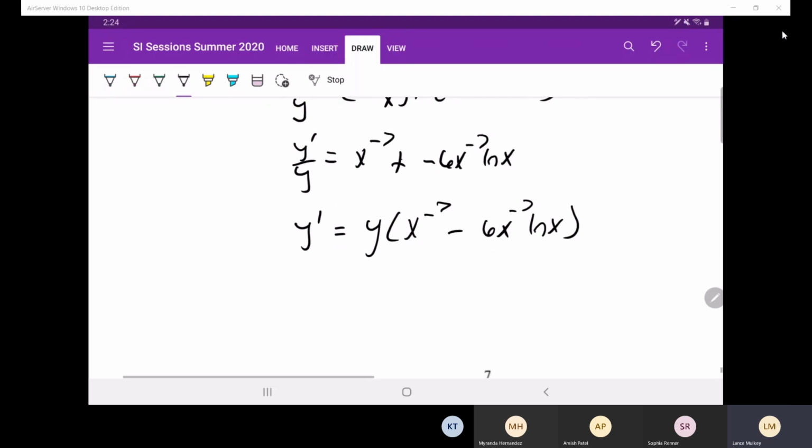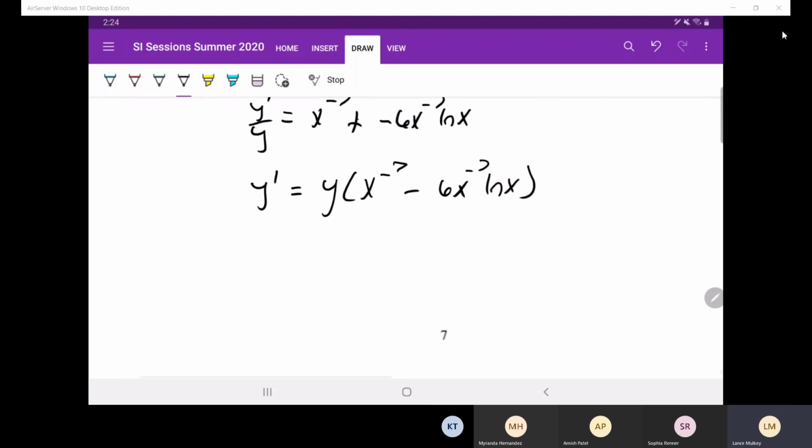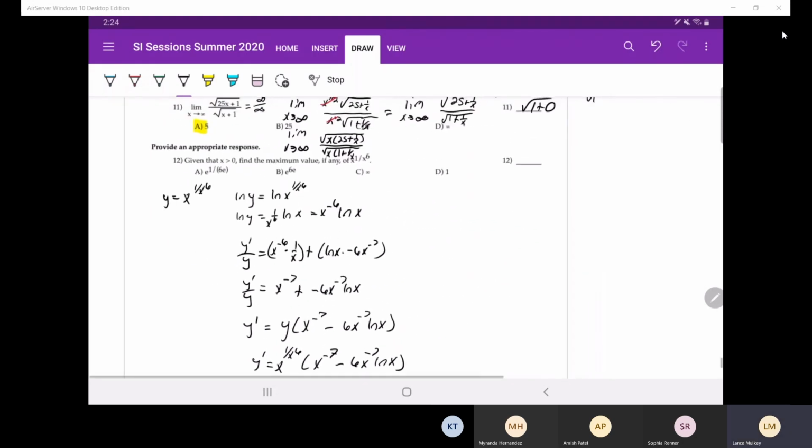Oh, wow. So was this problem on the quiz? That's your derivative, I believe. I'm going to go to MathWay real quick. I'm going to finish this problem.